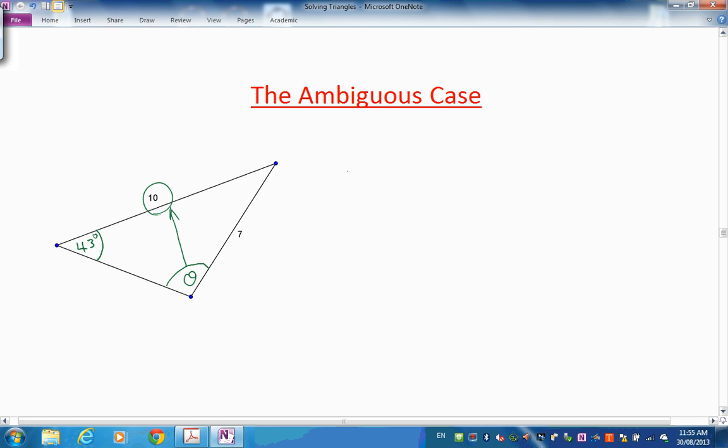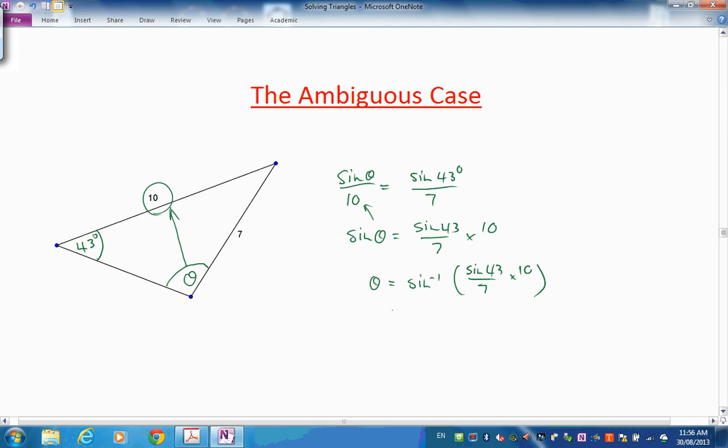Let's work it out. So the sine of theta over 10 equals the sine of 43 over 7. So the sine of theta equals sine 43, divided by 7, so I'm going to multiply by 10. And then theta is going to be the inverse sine of this thing. Okay, the inverse sine, and that's approximately 103 degrees.